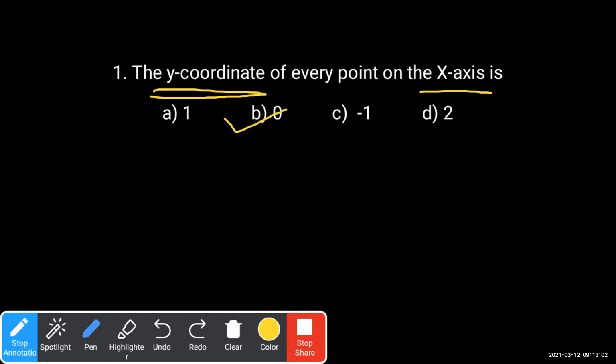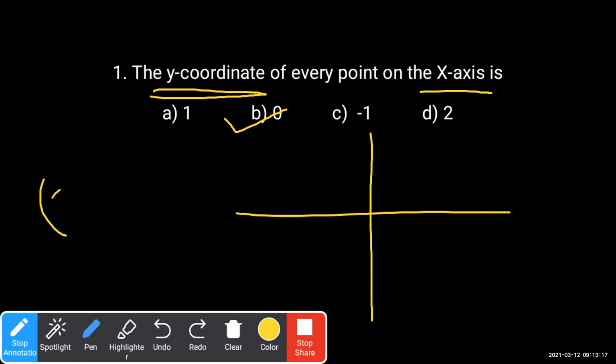Because whenever you plot a point in the coordinate system, you write it in the form x comma y, so first it is always the x coordinate and second it is always the y coordinate.